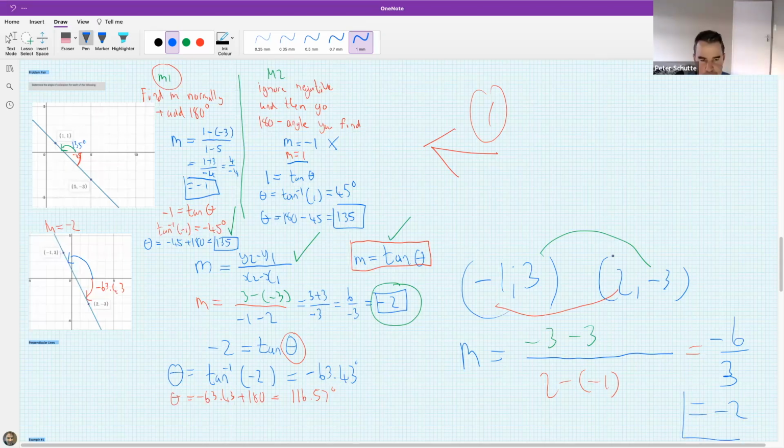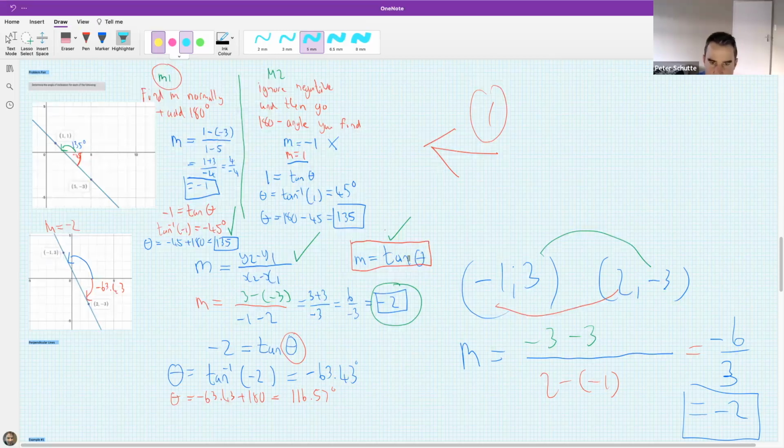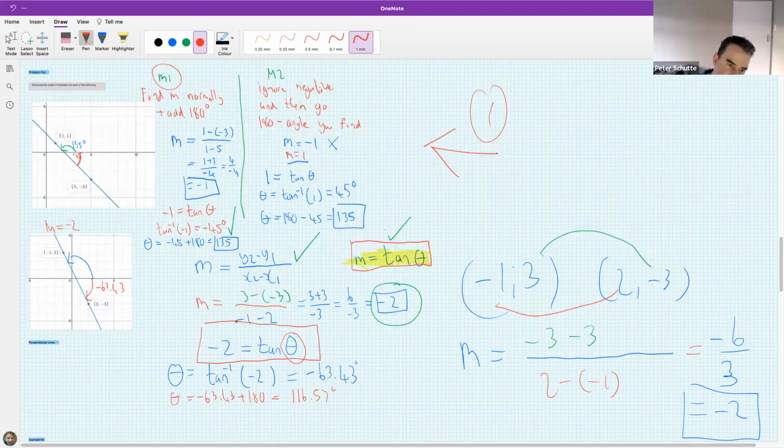Yes, sir. Okay, now the little part I think is using this formula over here and realizing that's what connects the gradient to the tan theta formula. What I knew there is I sub in the -2, and then I have to use what's called the inverse trig function.